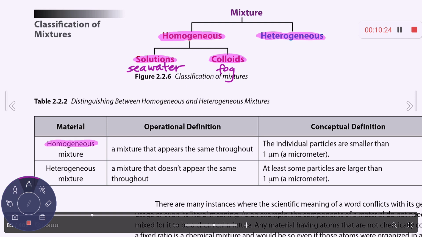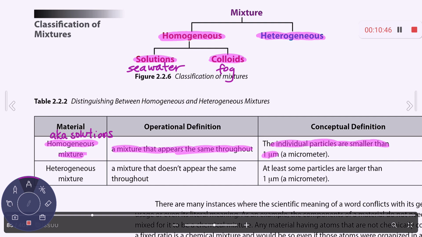Now, homogeneous mixtures, which are also known as solutions, generally speaking, appear the same throughout, and the particles that are in it are really, really small. So like salt particles that are dissolved in seawater are really small, and I can't filter them out.